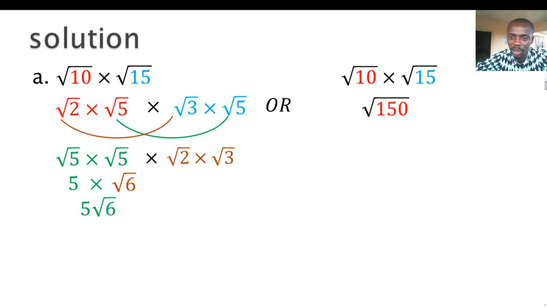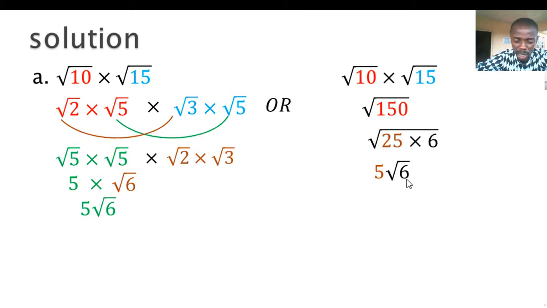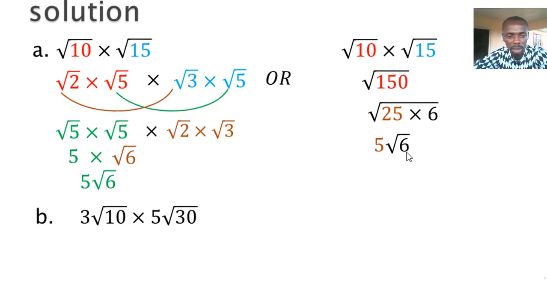So picking a factor of 150 among those numbers, if you can still remember those numbers, 25 is part of those numbers, and 25 happens to be a factor of 150. 25 multiplied by 6 gives 150. So splitting this into 2, I will have 5 from 25 and I'll be having root 6. If you want to understand this better, check the link on surds for beginners. You will really understand.